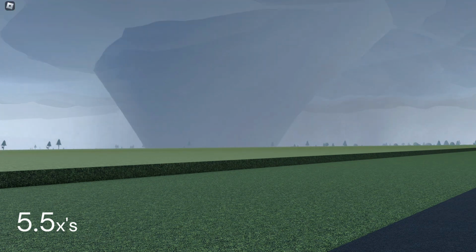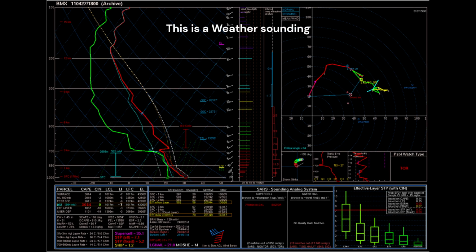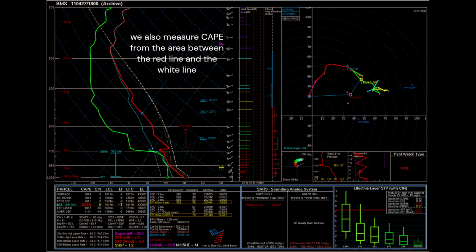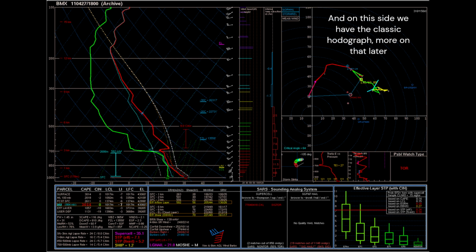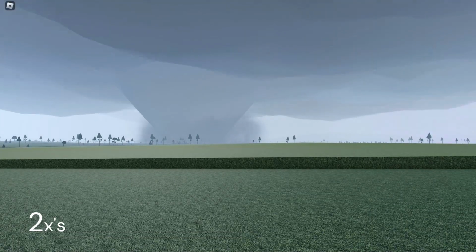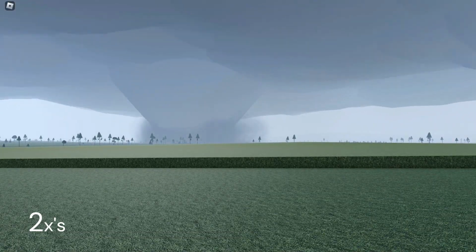Now moving on over to CAPE. What is CAPE? It is convective available potential energy. So it's just the energy in the atmosphere, and we measure it in joules per kilogram, which is basically you're taking a chunk of the atmosphere, like a 1 kilogram chunk, looking into it, and seeing how much energy is there. We measure that in joules.